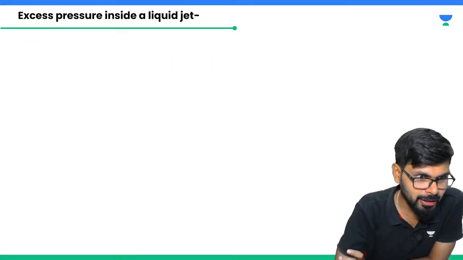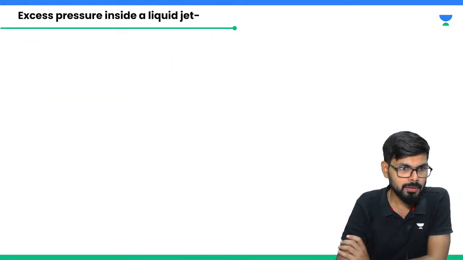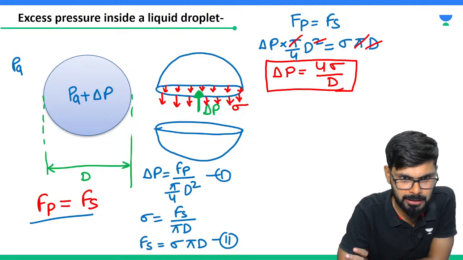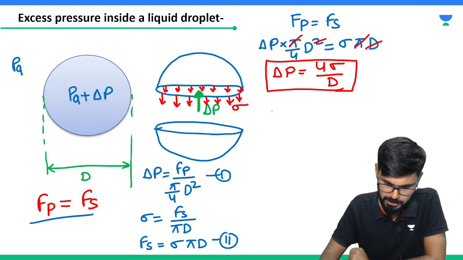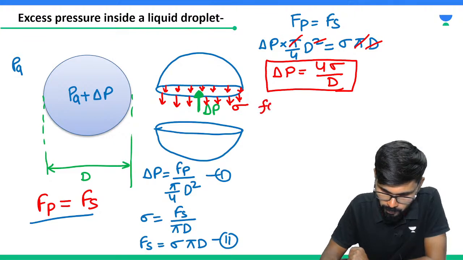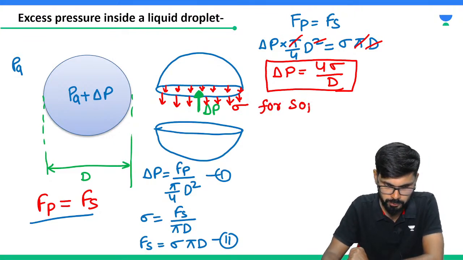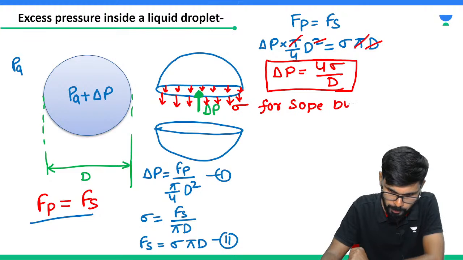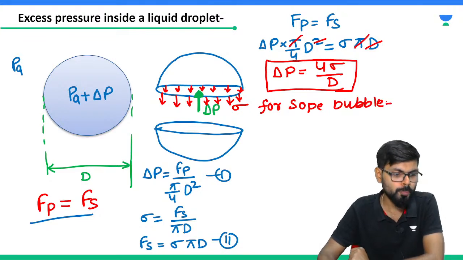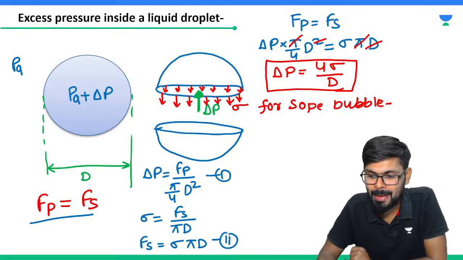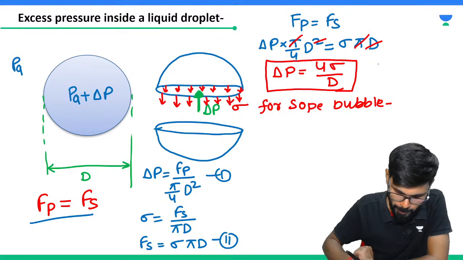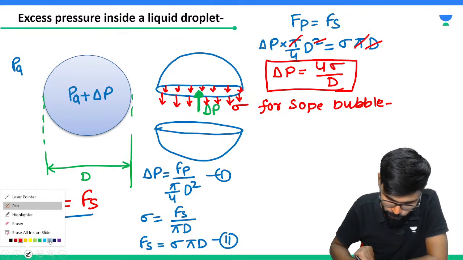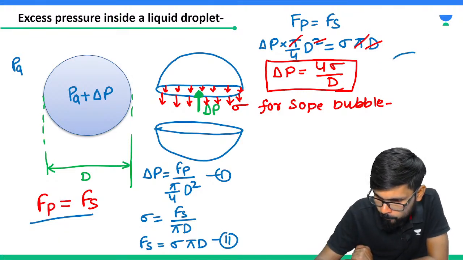If there is a bubble, for example, let me explain first for a soap bubble. Now what is going to happen? Two surfaces will be there. If you cut a soap bubble, how would it look?